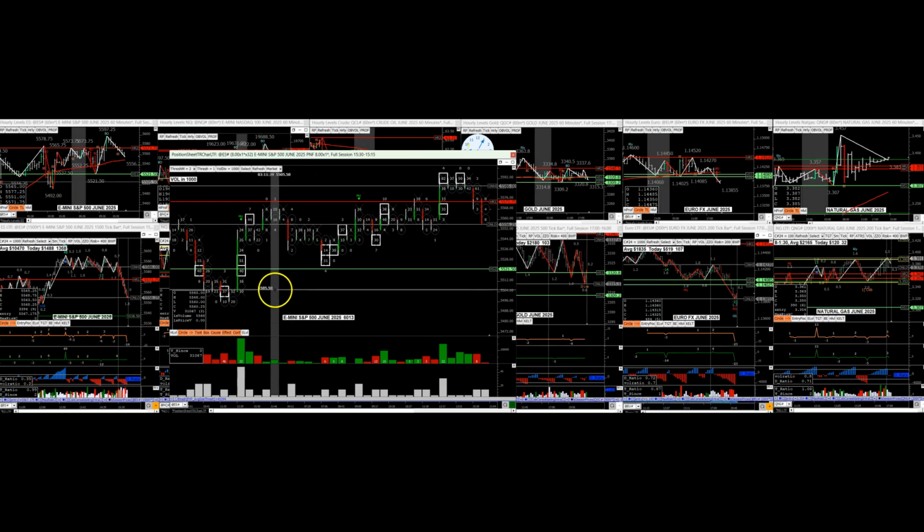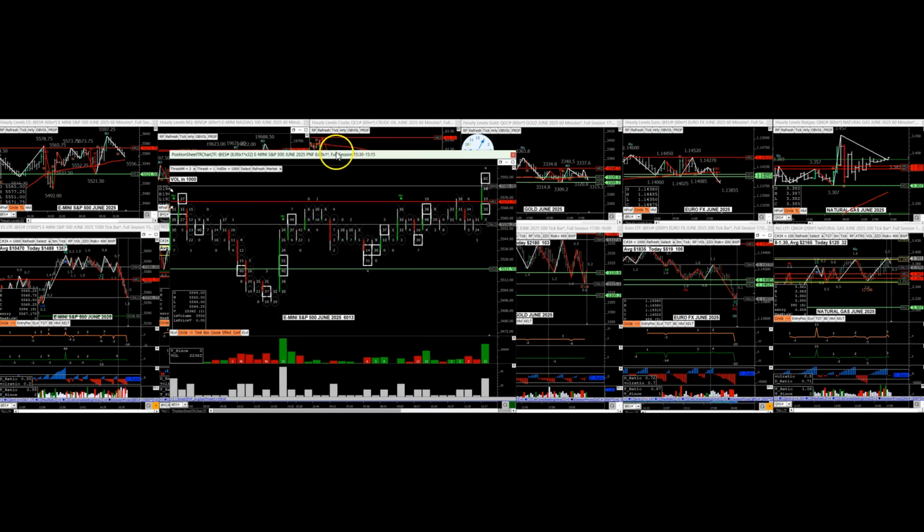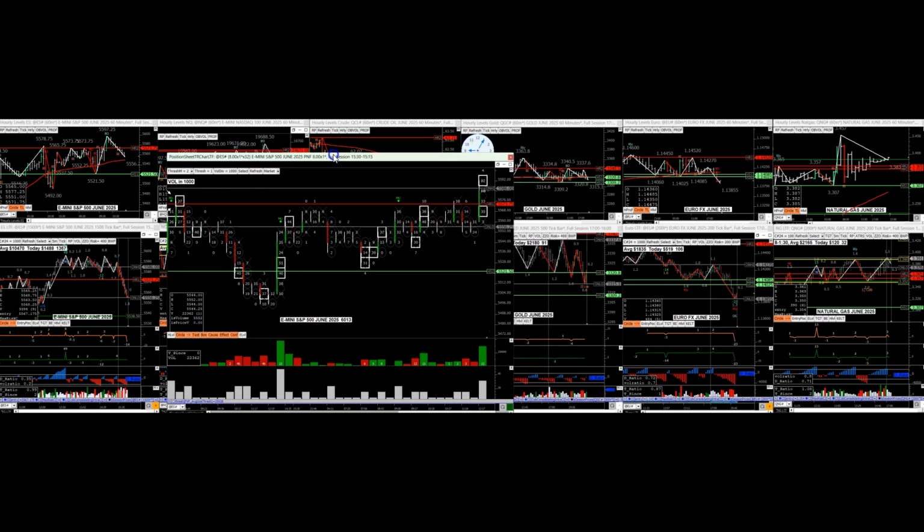Okay, so I've explained the basics. This is one way of tape reading. Probably the simplest that you'll encounter ever. The first thing to note is obviously the trend. The second thing to note is your level of interest.